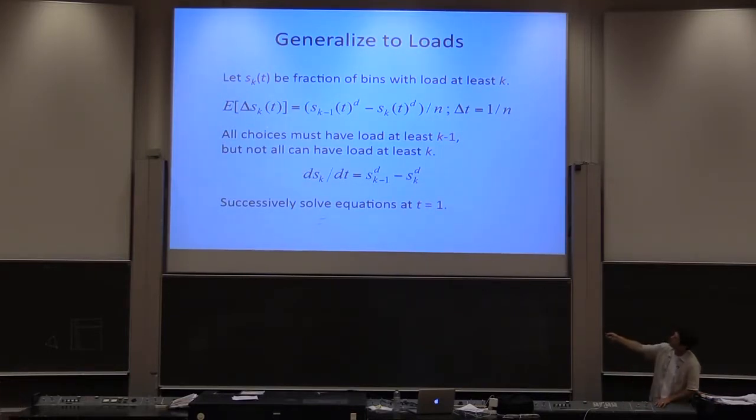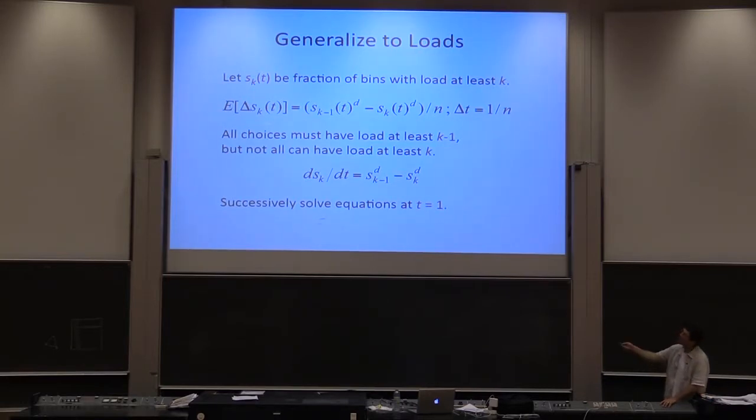So in particular, here I have the same sort of equations, and let's look at where this equation comes from. I claim that the expected change in s_k(t) starts out as being s_(k-1)(t) to the d power. What this value represents is the probability that all my d choices have load at least k minus 1.